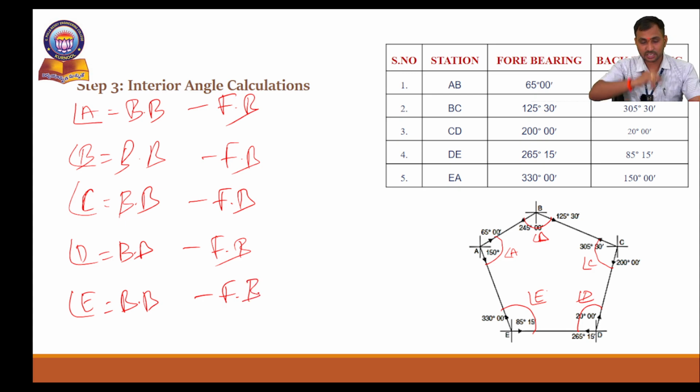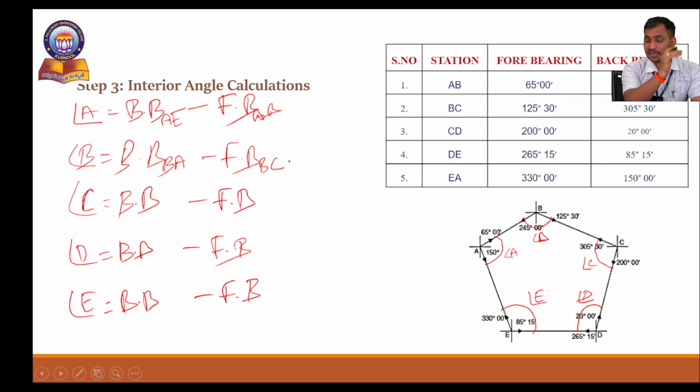Now, which stations do we have to use? If we are calculating angle A, what is the back bearing for A? E will come. What is the forebearing for A? B will come. Next, what is the back bearing for B? BA. What is the forebearing for B? BC will come. What is the back bearing for C?